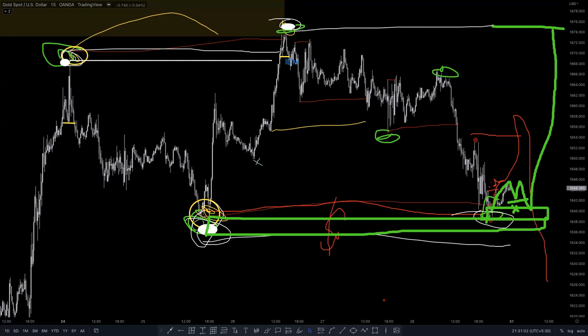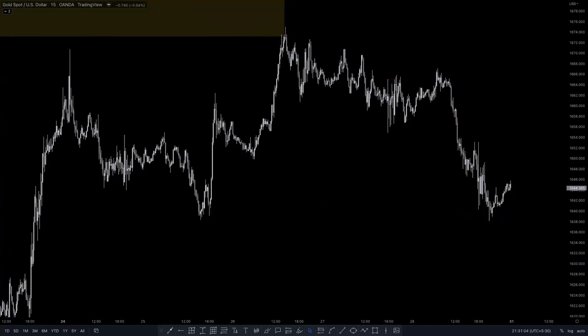Okay, so let's see. Everyone mark the correct structure here. Yes, this high is broken by this.